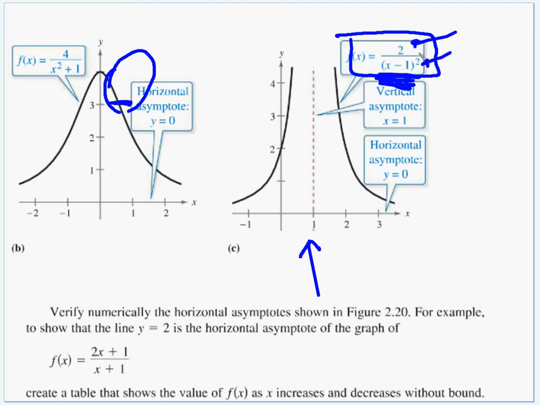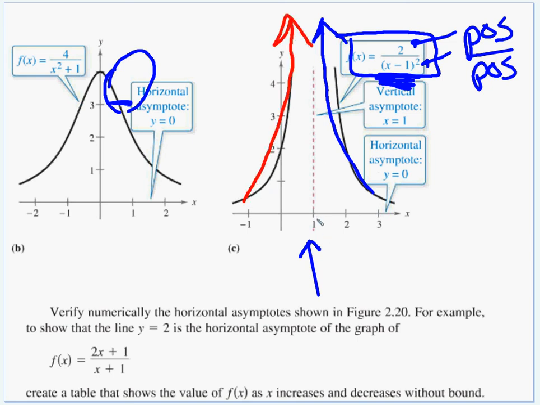Our denominator is also positive because it's some quantity squared. Positive divided by positive is positive. So as we approach from the right, it's heading to positive infinity. And as we come in from the left, we're also heading for positive infinity.